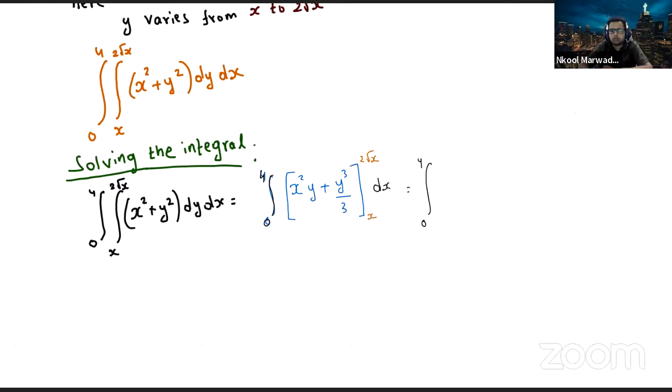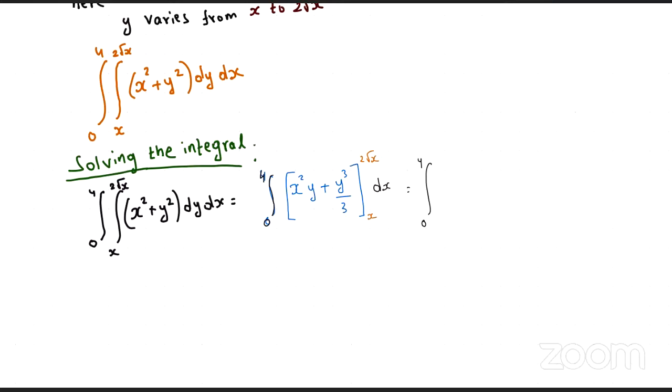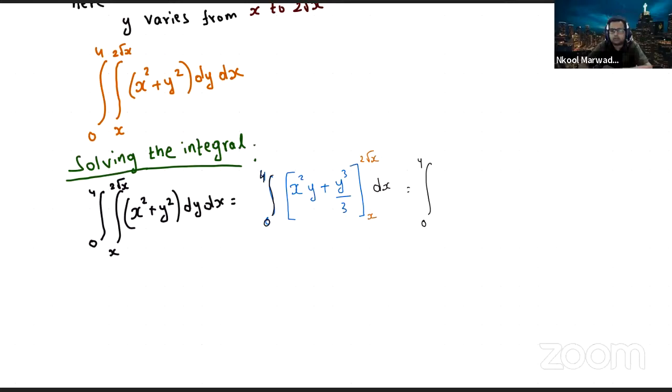2 x square root x plus (2 root x) to the power of 3 by 3 minus x cube plus x cube by 3.